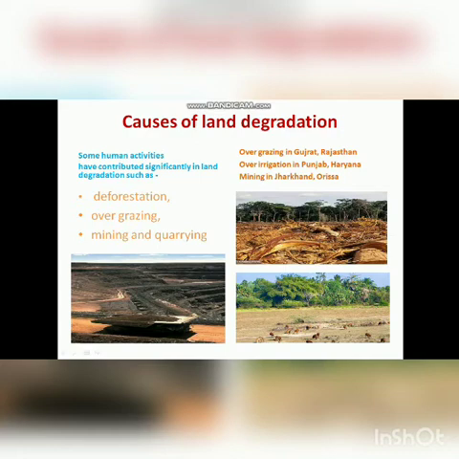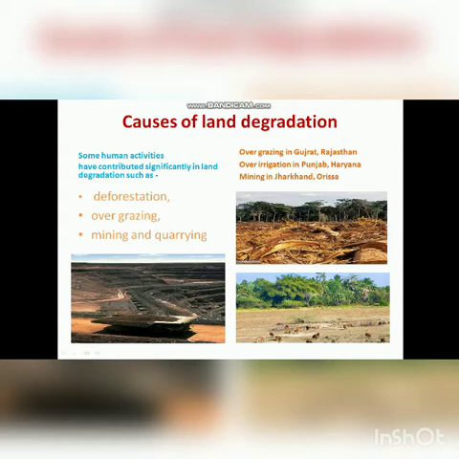Early from the British times, for establishment of telecommunication, then railway tracks, deforestation was done, and now also, since our population is increasing, we need more land for agriculture, for residences, for industries. So we are cutting down our forests.